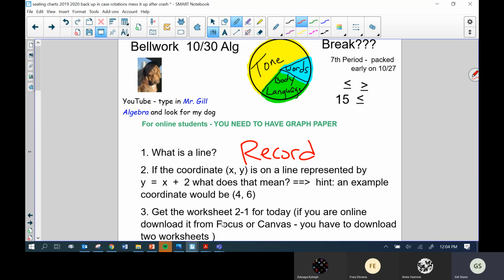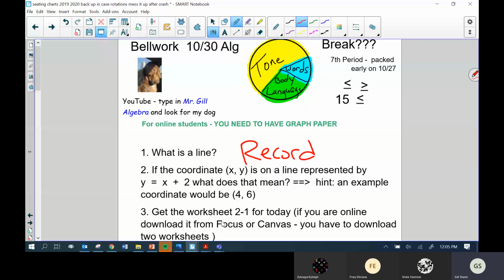So if I took any of those points that I graphed, like 7, 7, that 7, 7 was going to be on the line. That's literally how I made the line. It's based on making that equation true.